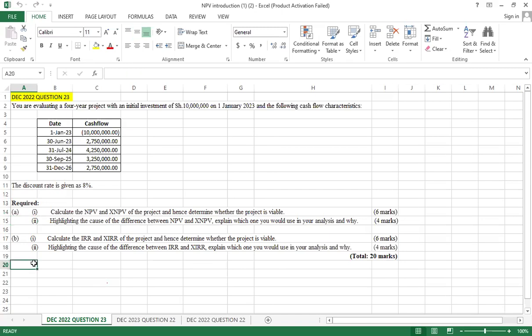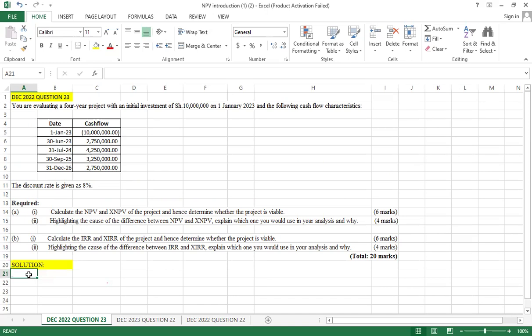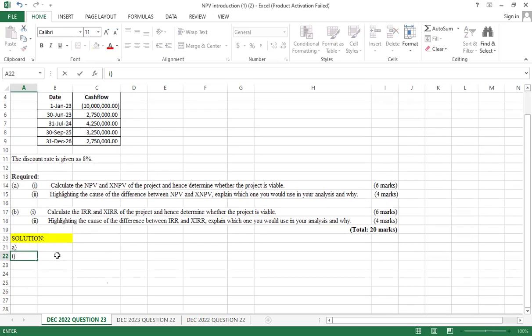Let us down here have the solution for it. So let us start with part A, and then part 1. Part A, part 1 requires that we calculate two things.